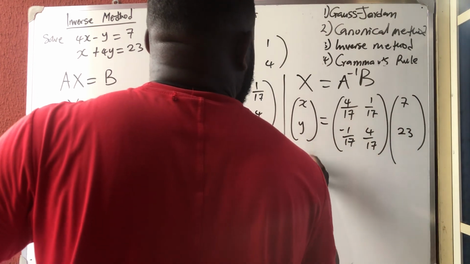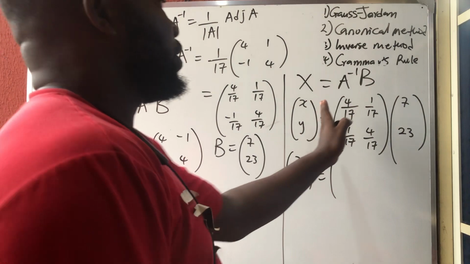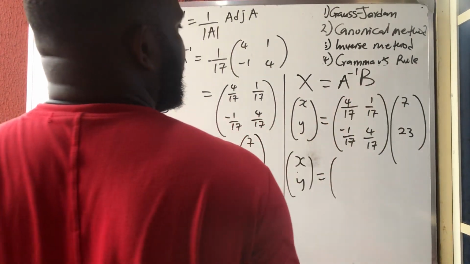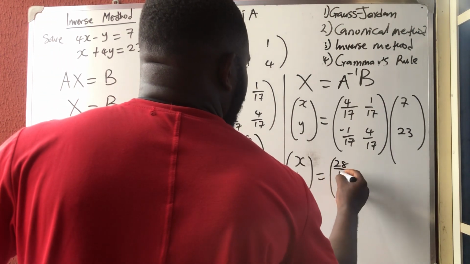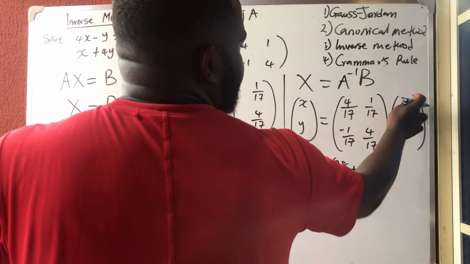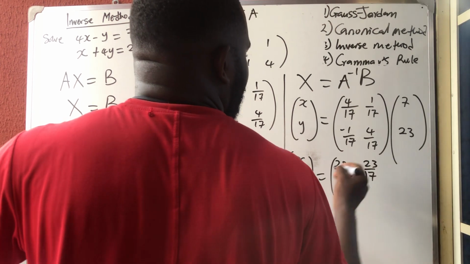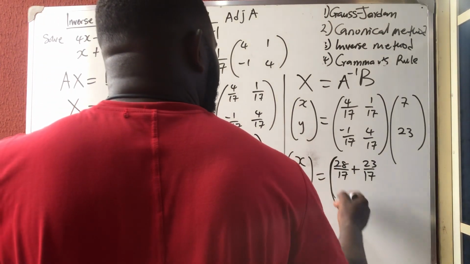So I'll have that x and y is now equal to, in the multiplication, the row will come and multiply the column. So 7 times this will give you 28 over 17, plus this one times this, which is 23 over 17. If you don't understand this, please go back and watch my video on multiplication of matrix.